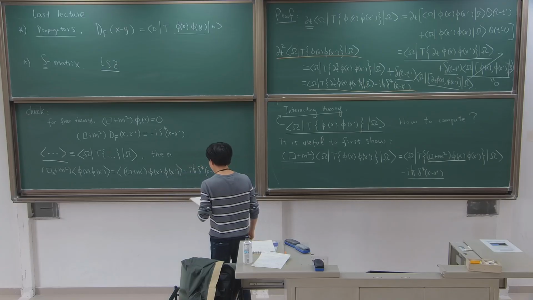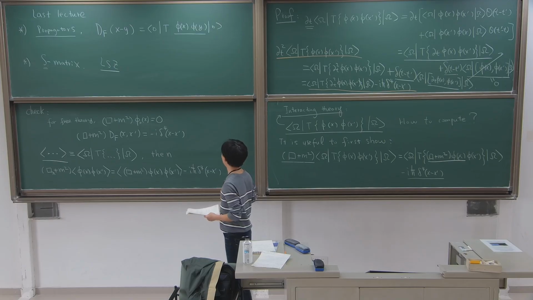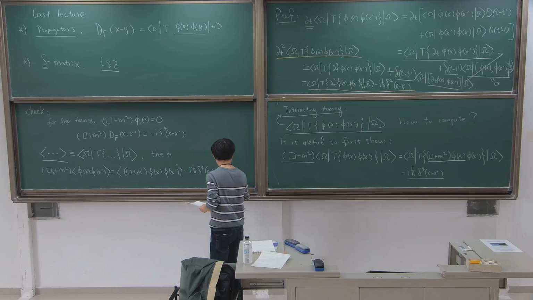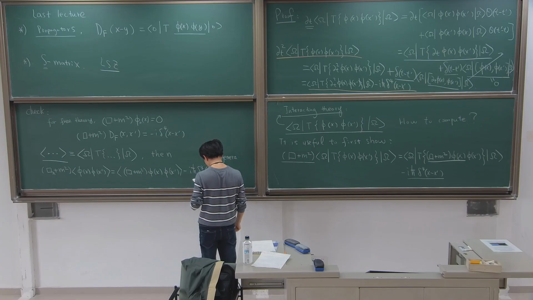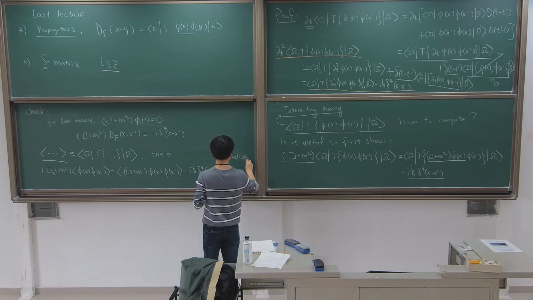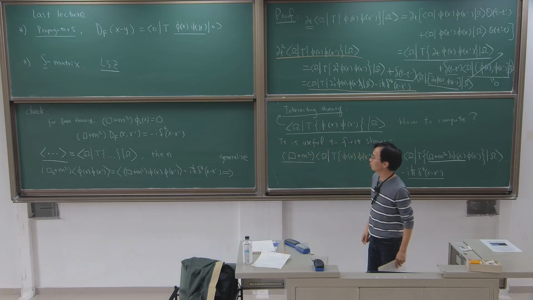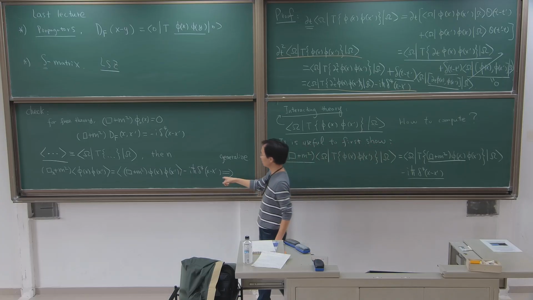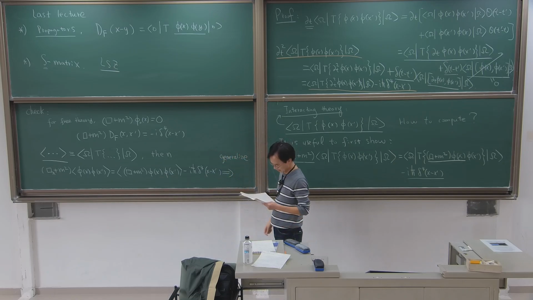Now, we already proved this one, but now we want to generalize a little bit. Later, we will use a more general formula similar to this one, but not precisely this one. A generalized form.